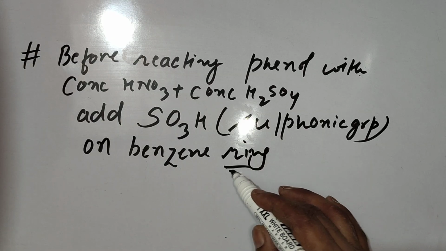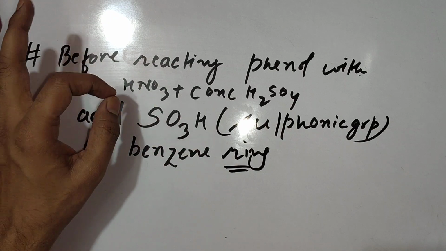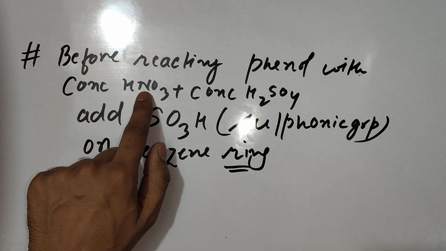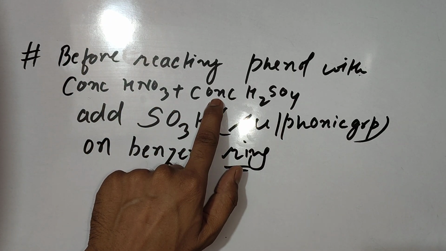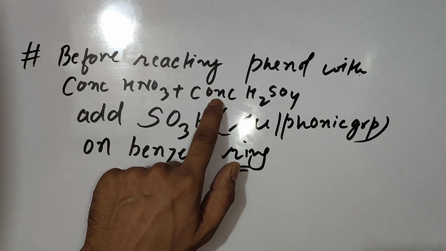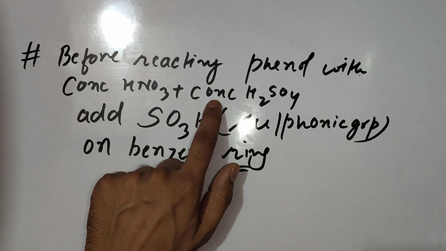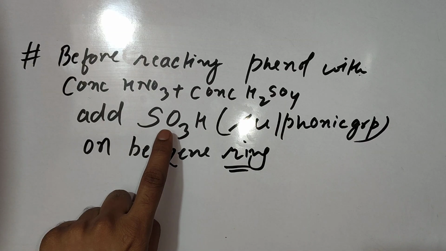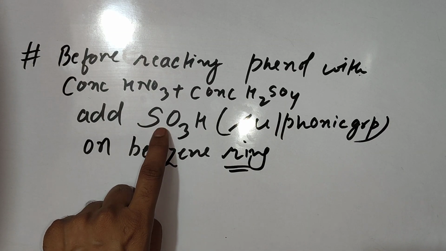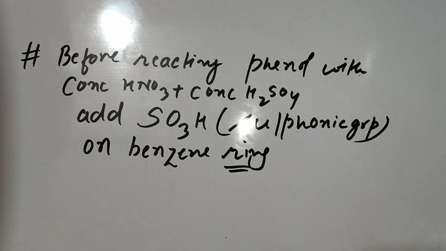This is the solution. Don't react phenol directly with concentrated nitric acid and concentrated sulfuric acid. Oxidation of phenol will happen. Before reacting phenol with concentrated nitric acid and concentrated sulfuric acid, add the sulfonic group on phenol. What will this group do, let's check.